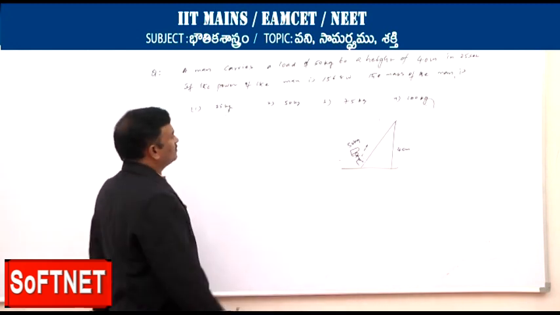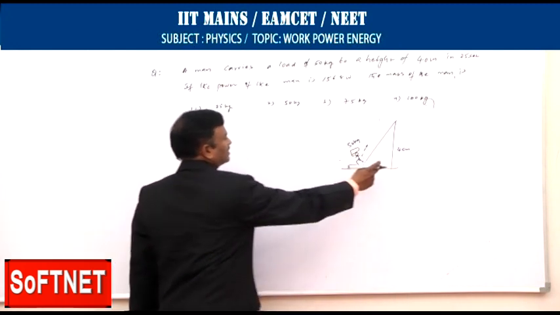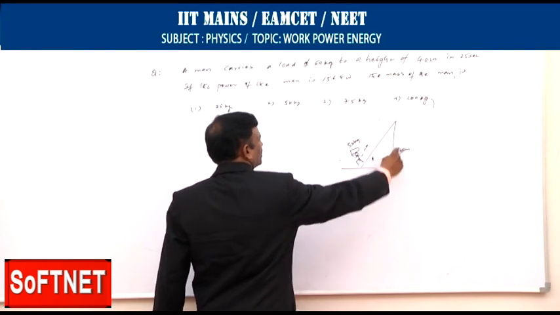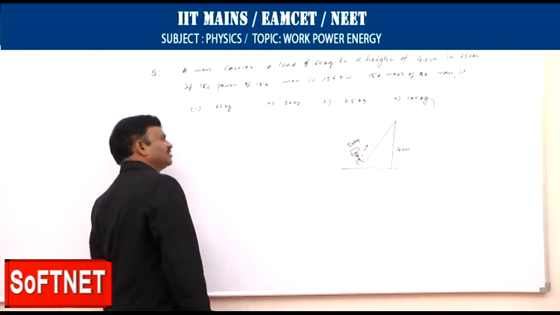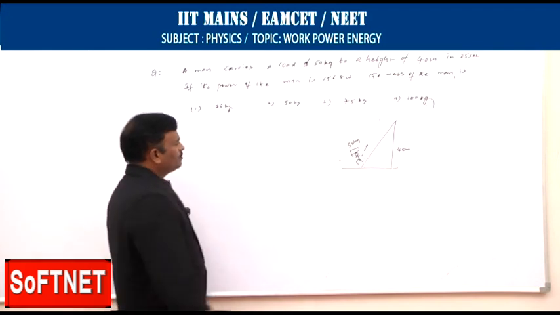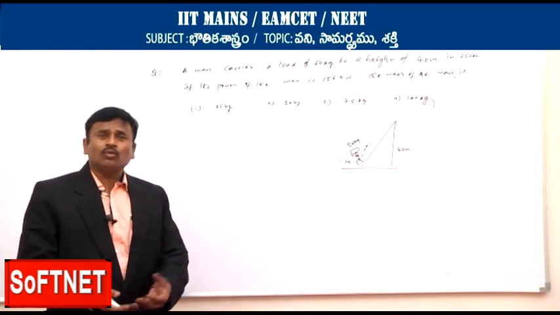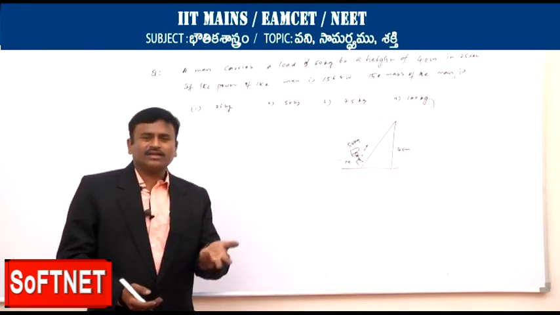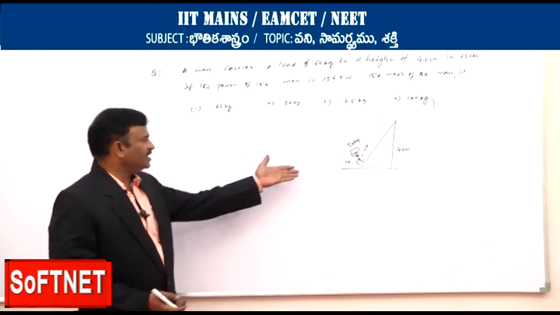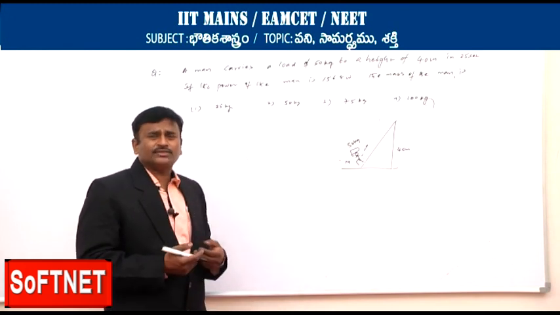Then what is the work done? It doesn't mean only the load of 50 kg moves 40 meters in height. As the person is moving, he has to carry his own weight along with the additional weight he is carrying. His mass also he has to carry.